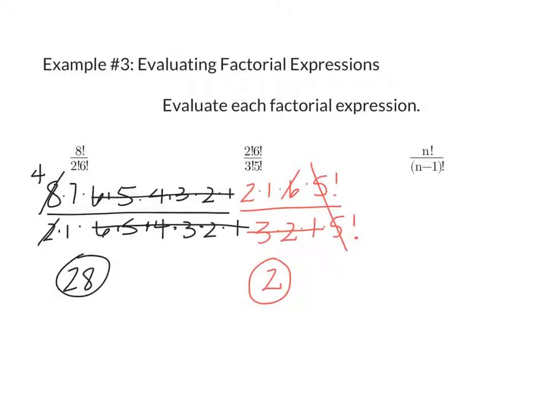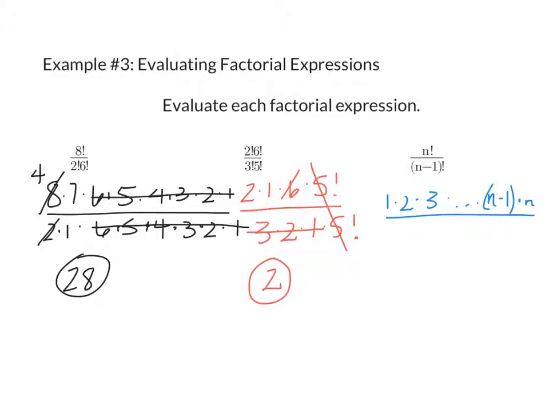Now, n factorial would be 1 times 2 times 3 times, all the way up to n minus 1 times n, and this comes from the notes on the last screen.